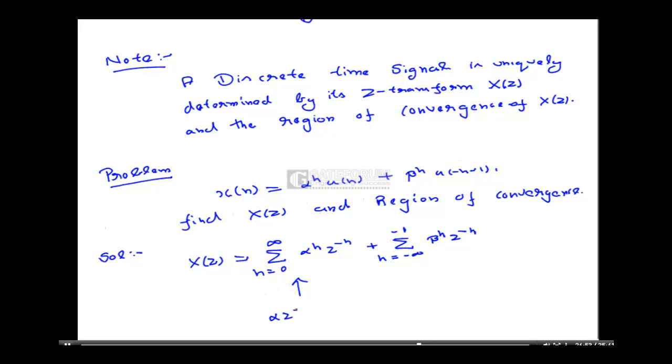alpha z inverse, mod of that, should be lesser than 1. Okay. For this series to converge, I should write it as minus n plus n. For this series to converge, beta inverse z should be lesser than 1.